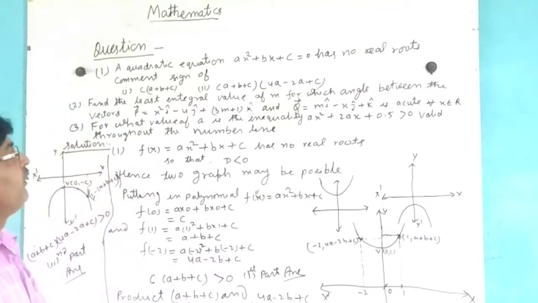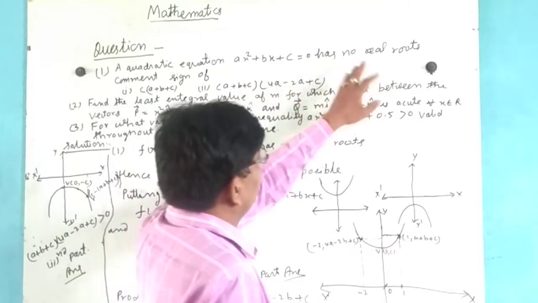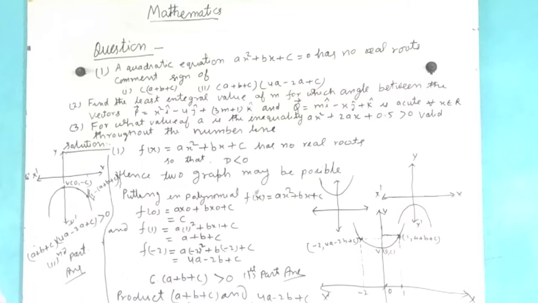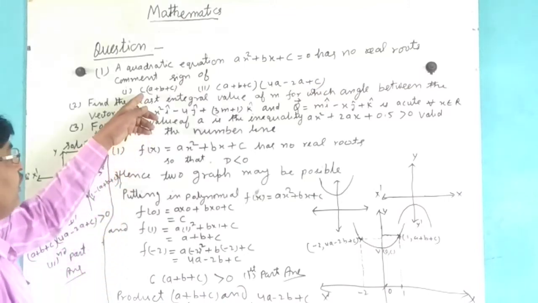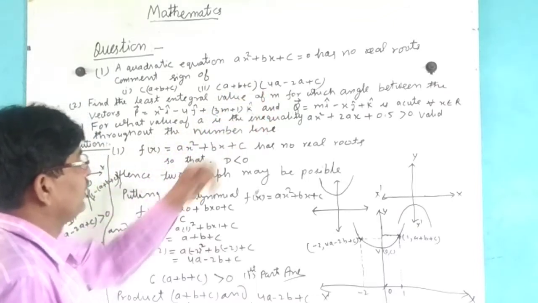Now, the quadratic equation is given and has no real root. In this case, what will be the sign, positive or negative, of these two relations?